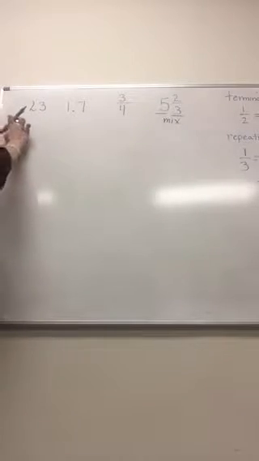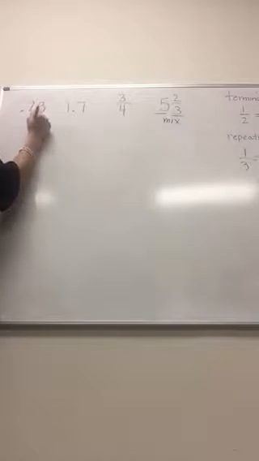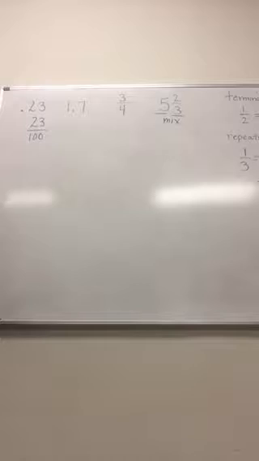If I asked you to read this decimal number, you would read it as 23 hundredths. That makes it really easy to change it to a fraction because we simply write what we said, 23 hundredths.